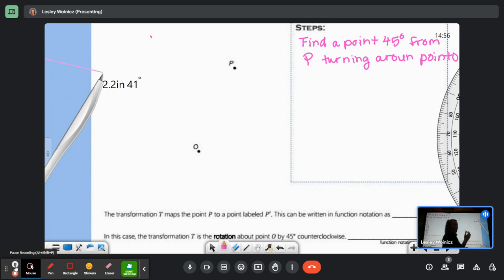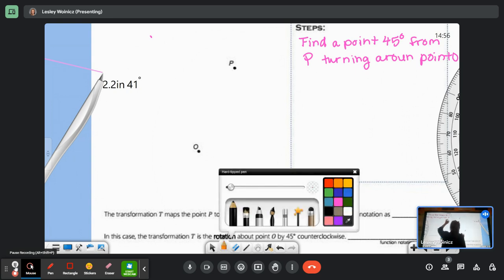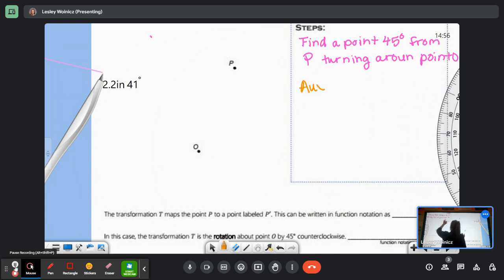Okay, now the problem is you can see that P is much closer than that point, right? So what we're going to need next is to do an auxiliary line. So step 2 is going to be an auxiliary. It can be a line or a segment or a ray.